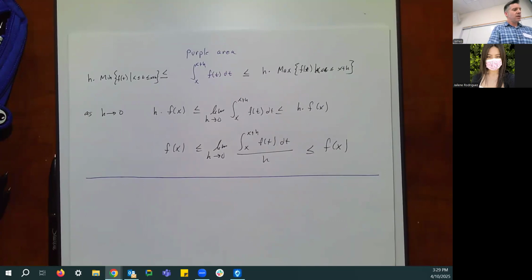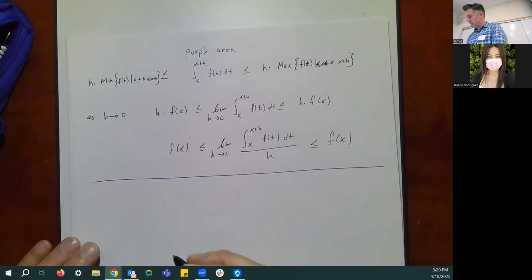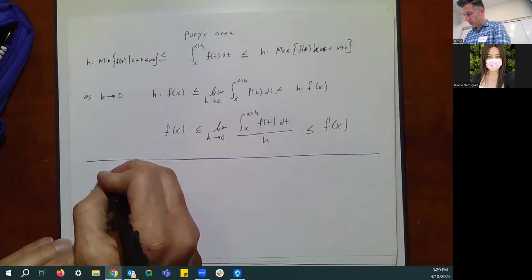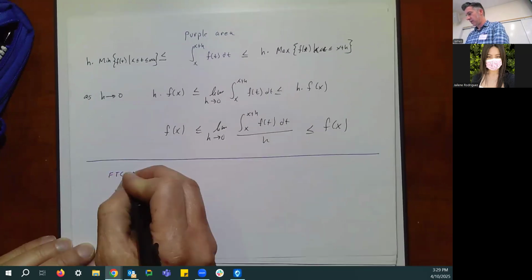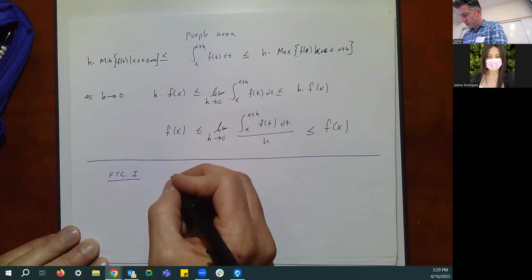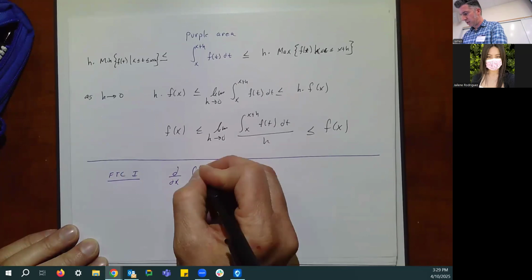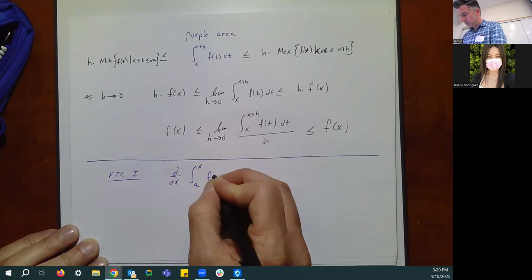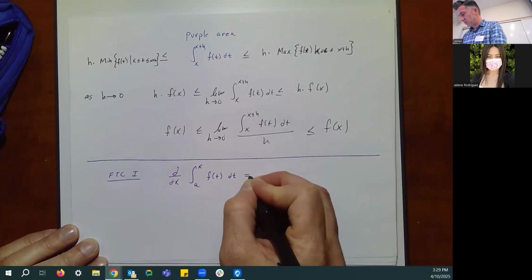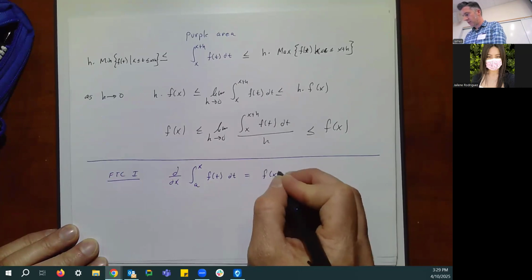Just to reiterate, I know I said it last time, I'm saying it again. The fundamental theorem of calculus part 1 just says that the derivative of the integral from some constant to x of f of t dt is equal to f of x.